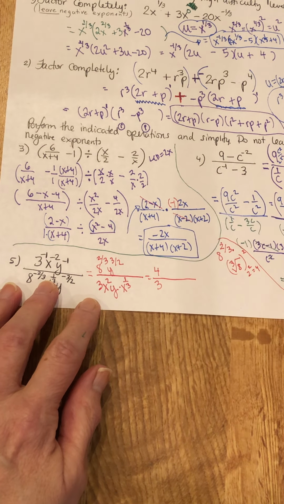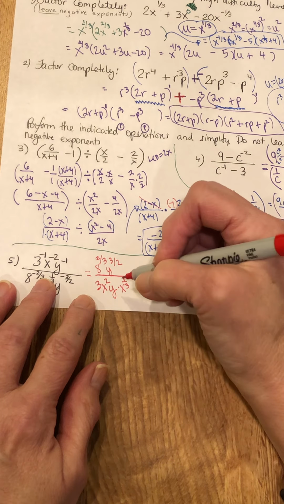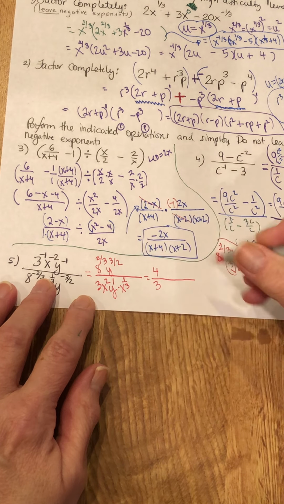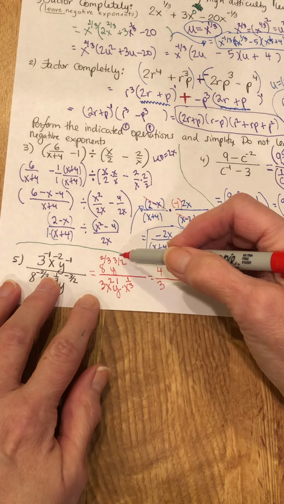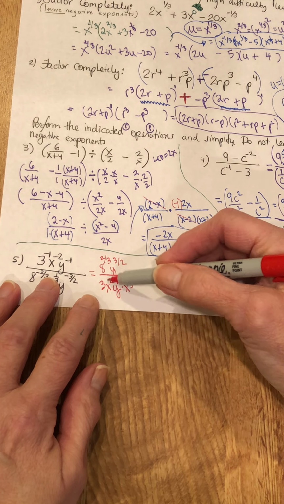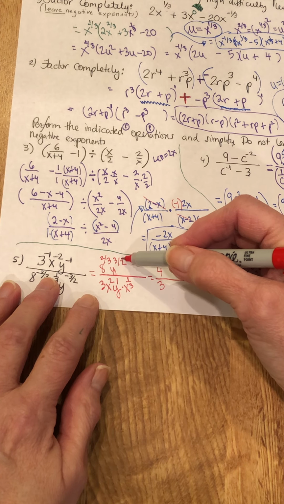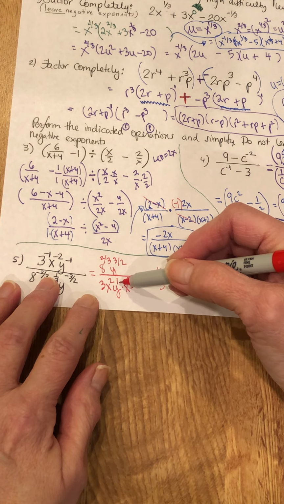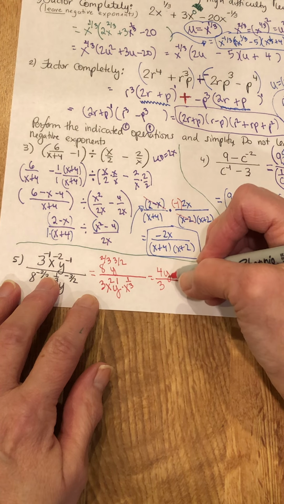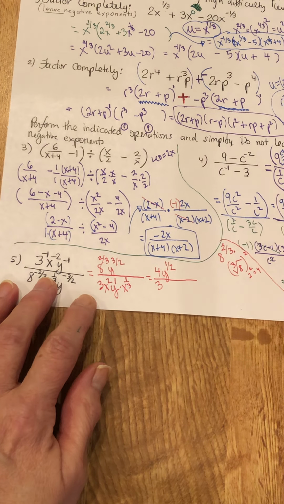Okay, now I'm going to look at the y's here. Dividing the same base, subtract the exponents. And this isn't too hard. This is 1.5 minus 1. So that would be y to the positive 1/2 up there.